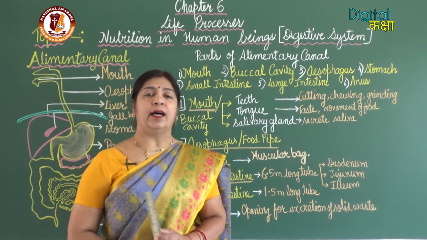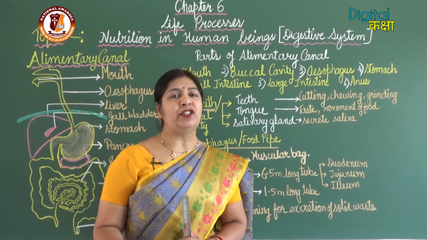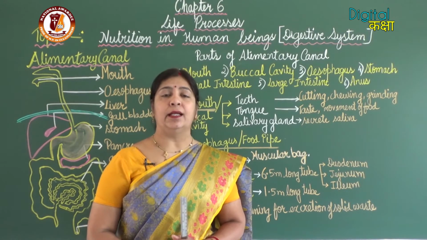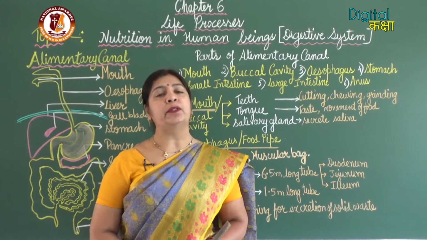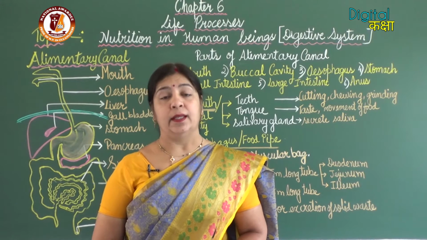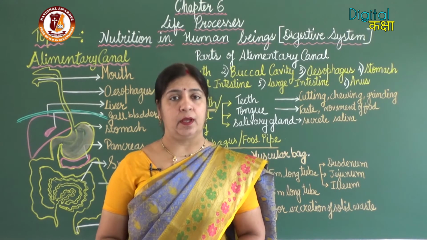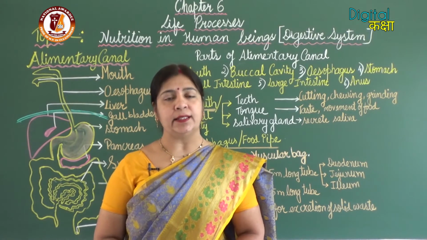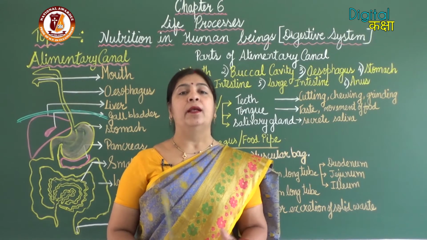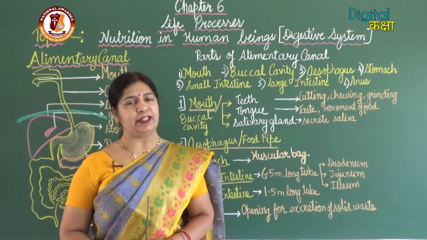The other function of the stomach is that it passes the partially digested food into the small intestine, and it also helps in the process of digestion with the help of the gastric juices. The gastric juices are secreted by the gastric glands. And where are these gastric glands present? These gastric glands are present in the walls of the stomach. So, the stomach plays an important role in the process of digestion.